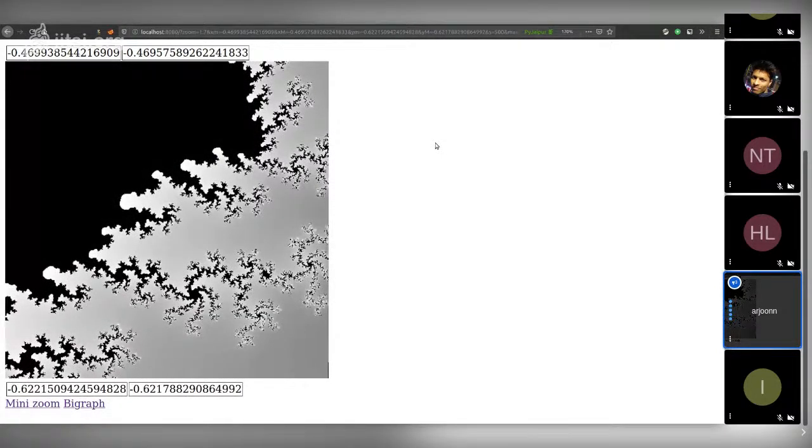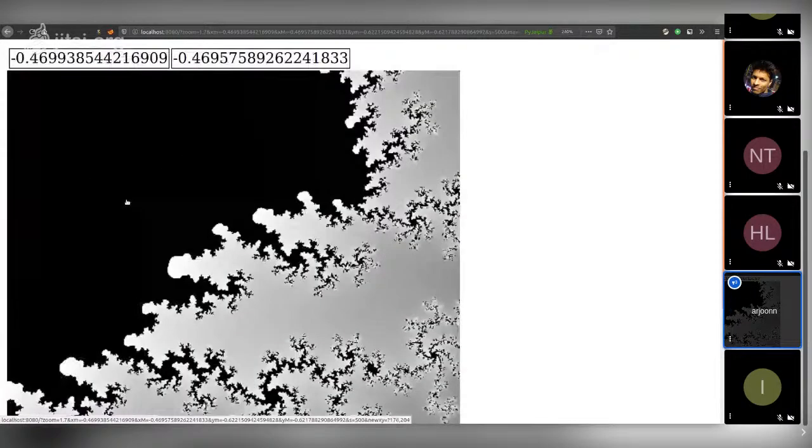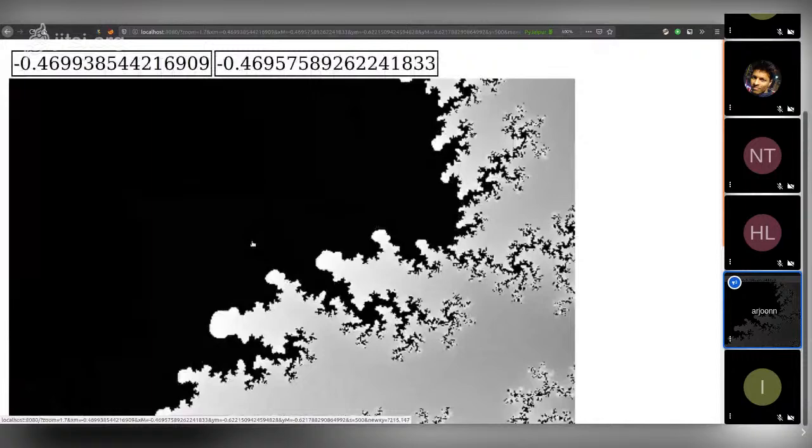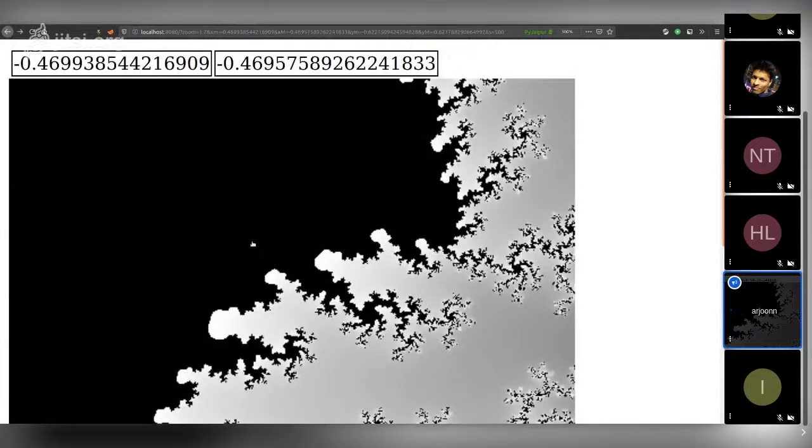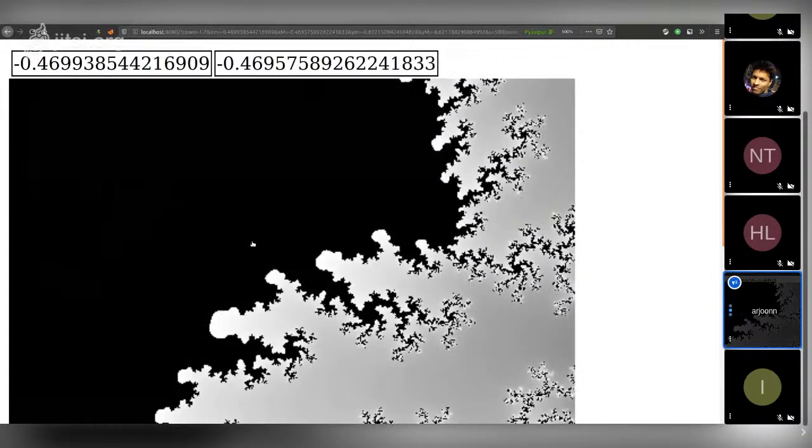I'm not sure if you can tell on video or not. So you can see a slight difference in the boundaries, right? The more you measure, the more detail you find.